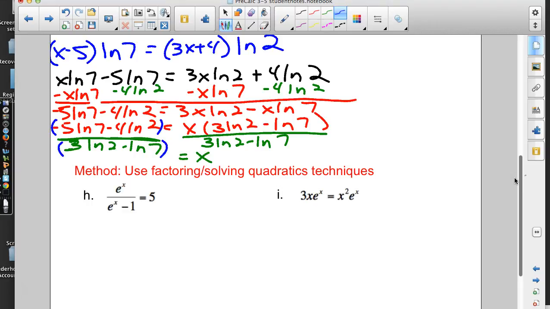Make sure that it works. Find our x value. We've done all the algebra we need to do.